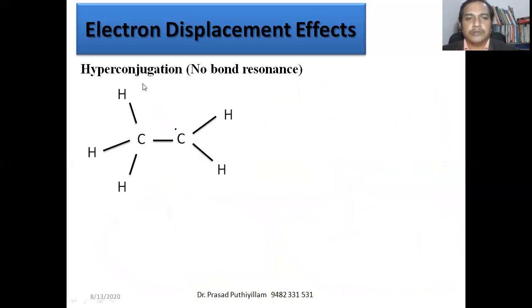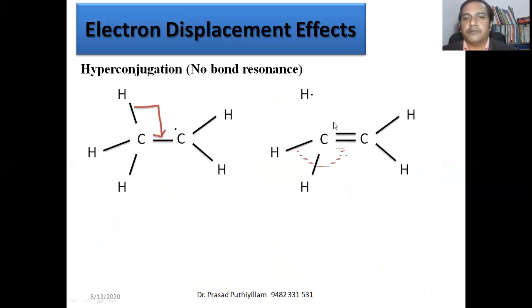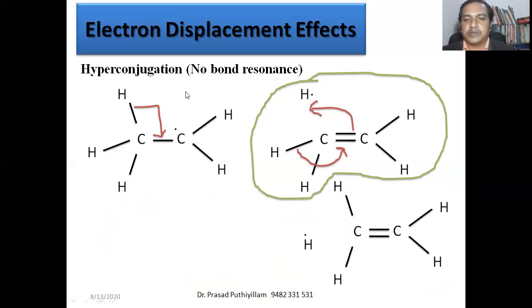It is also possible with a free radical. If a carbon free radical is formed, with a dot here, the dot represents a free radical. If a free radical is formed, it can also be stabilized in the same way, with the same explanation as for the positively charged carbon.